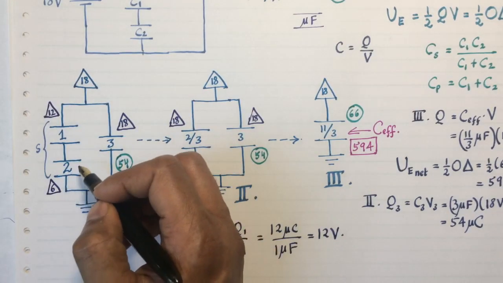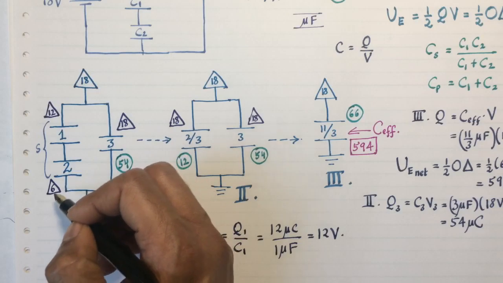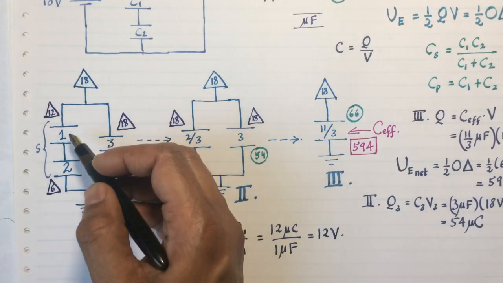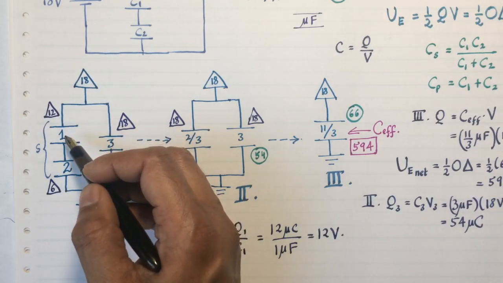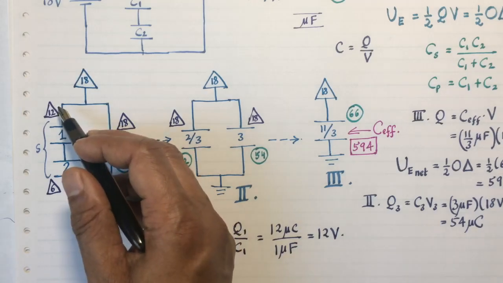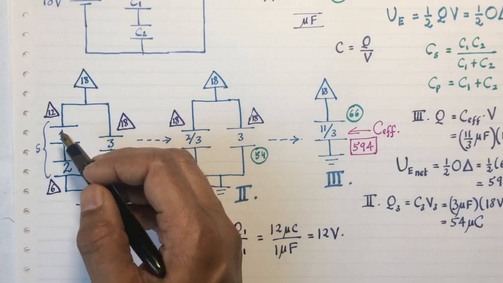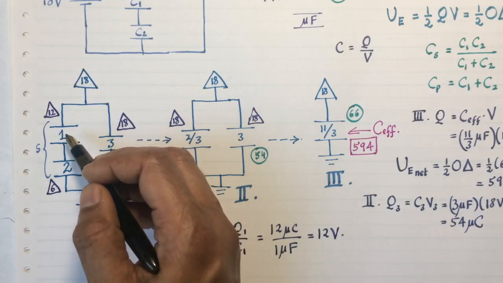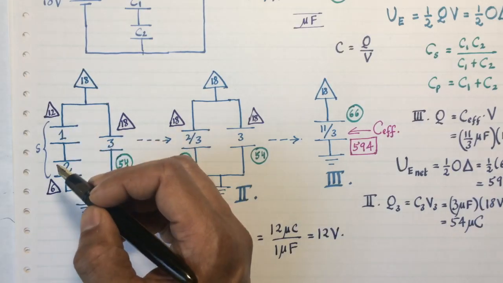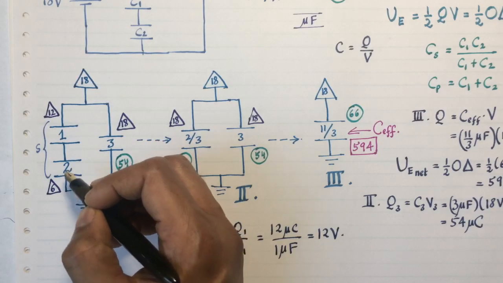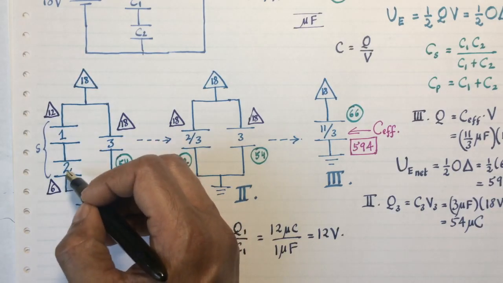Observe that the capacitor with a larger capacitance has the smaller voltage, and the capacitor with a smaller capacitance has the larger voltage. This is as it should be, because the charge on the capacitor with 1 microfarad should be the same as the charge on the capacitor with 2 microfarads. The charges have to be the same.